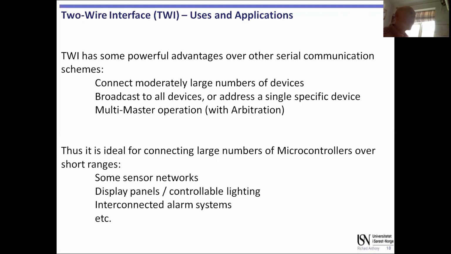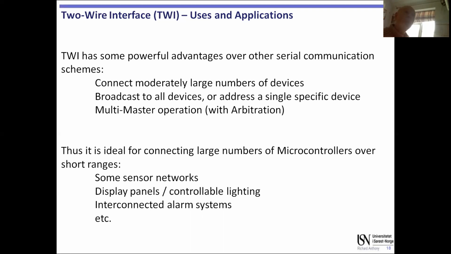The TWI, also I2C, the other name for it, is complex, and I would not suggest you ever use it if there's another simpler way to do it. I wouldn't use it in place of a USART, a simple serial connection, because it's so much more complicated. The fault finding, the debugging is worse. However, if you want a broadcast system, or a system where you've got one device talking to 127 other devices, up to that number, then this is ideal.